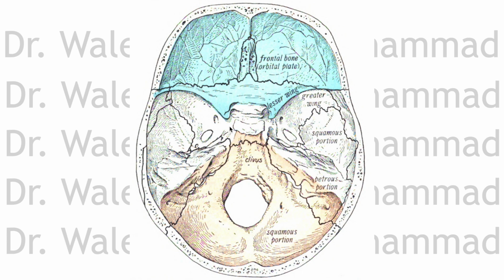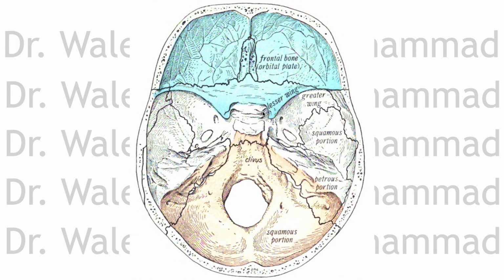Together with the greater wing of the sphenoid, it guards the hypophyseal fossa, or the pituitary fossa, that has the pituitary gland in it. And these are the posterior clinoid processes.